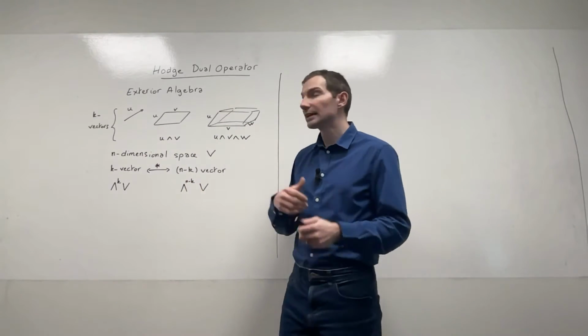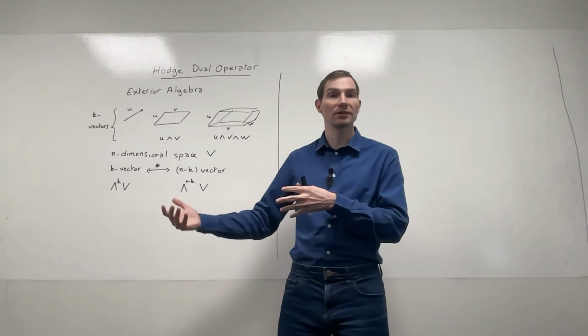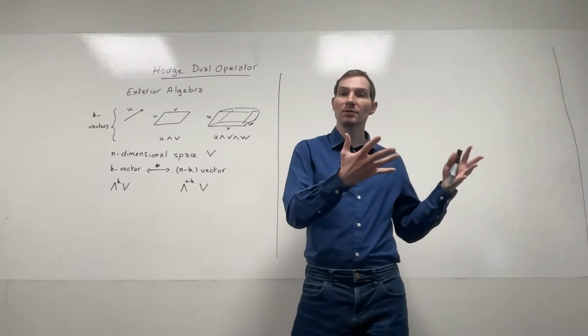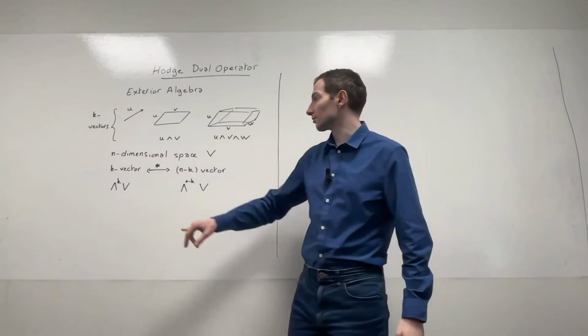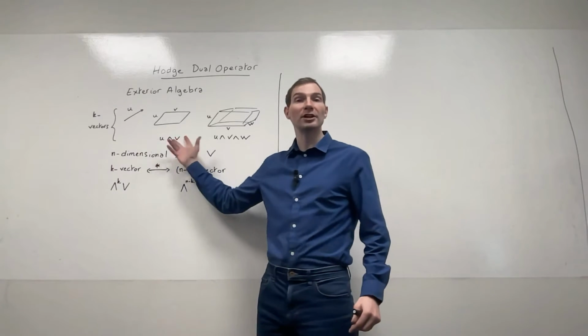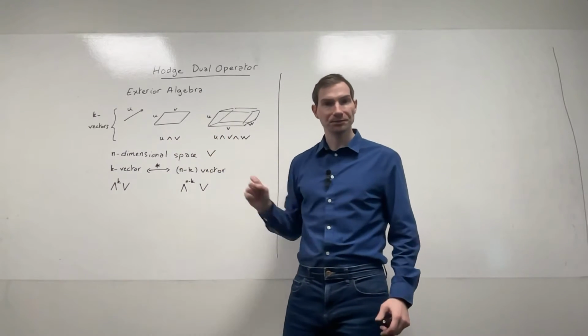So you do k times the product of some vectors of V, and you get a sort of subspace of the tensor product of V with itself, which contains all of these geometric forms.